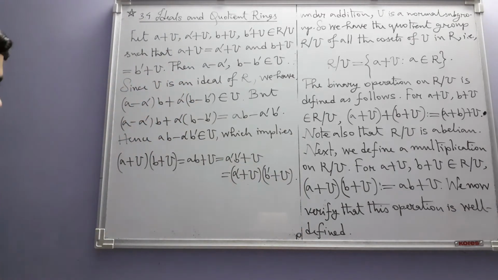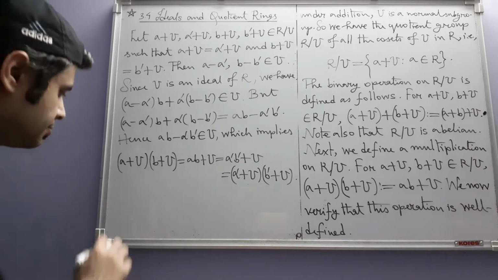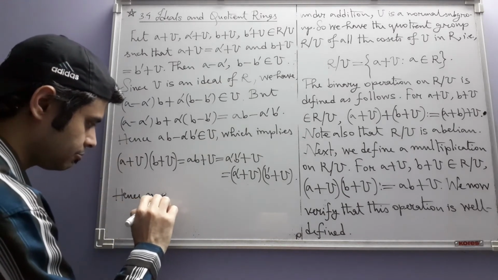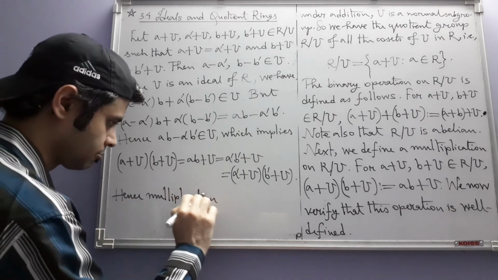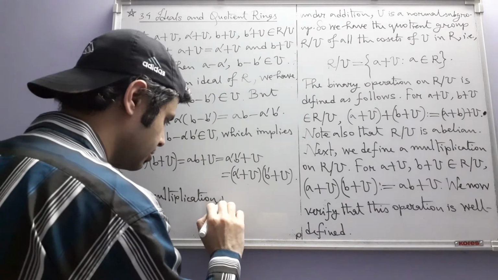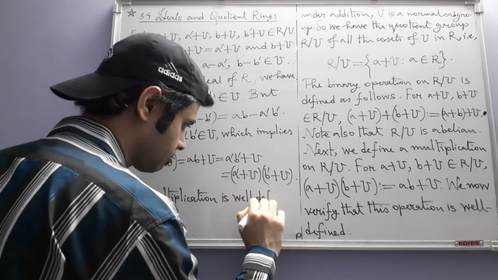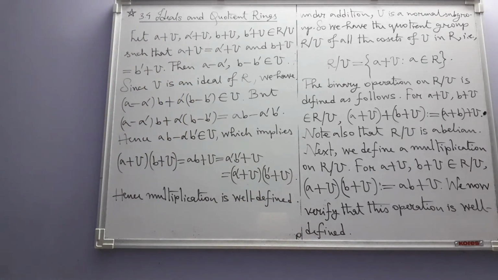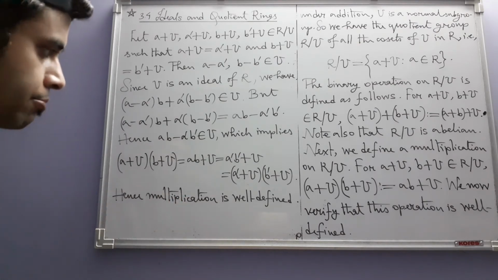So that's why the product that we have defined is well defined. Hence, multiplication is well defined. Now next we have to of course verify the other ring properties.